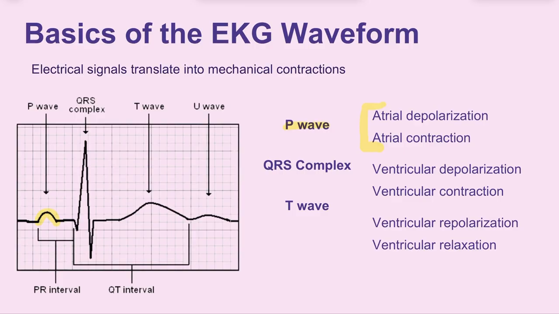When we see a QRS complex on the EKG here, we know that it represents ventricular depolarization, translating into ventricular contraction. And when we see a T wave on the EKG here, we know that it is ventricular repolarization, which represents ventricular relaxation.